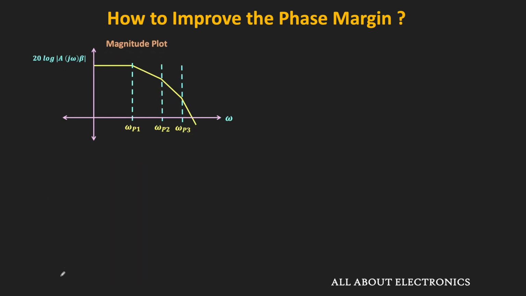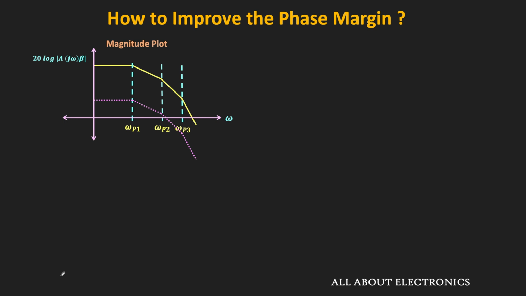In this A beta, if we reduce the value of beta, or in other words, if we reduce the feedback factor, then this 20 log A beta will reduce. And in this case, if we see the magnitude response, it will look like this. As you can see, since we have reduced beta, the entire plot has been shifted downwards.